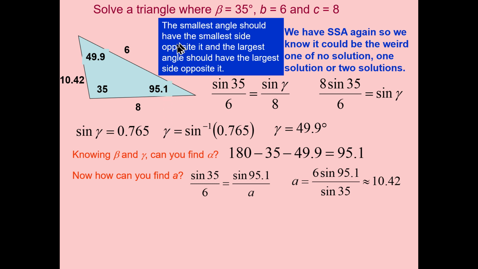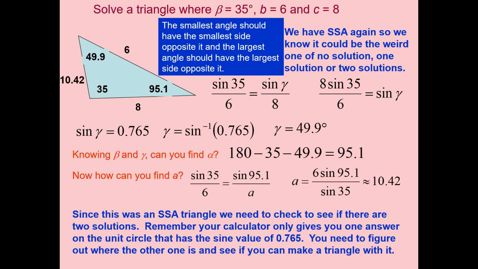The smallest angle should have the smallest side opposite it, and the largest angle should have the largest side opposite it. Since this was a side, side, angle triangle, I need to check to see if there is more than one solution.